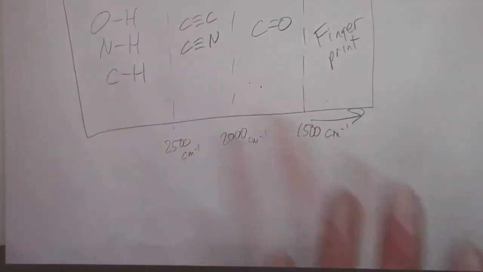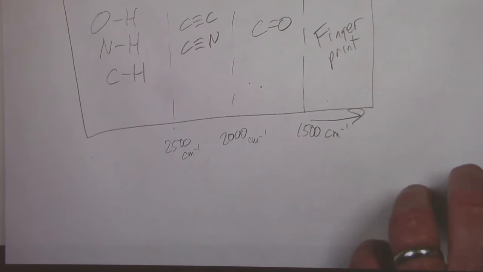Above 3000, I have CH unsaturated, and my OH and my NH and my hydrogen bound to a terminal triple bond, the end of a triple bond, are going to be even further at a higher wave number than that, right? But this is approximately what you have to recognize for an IR spectrum.